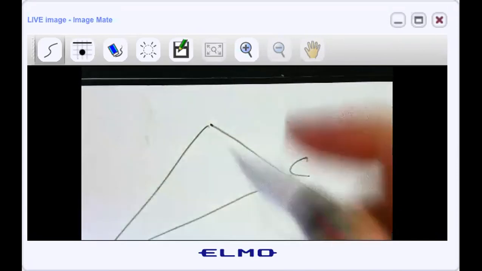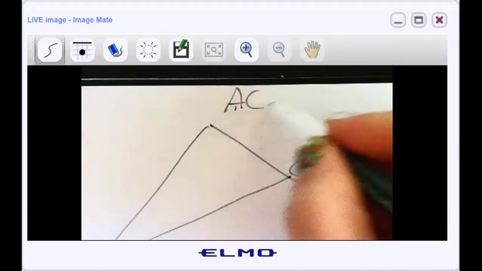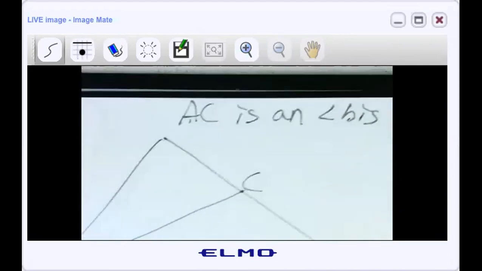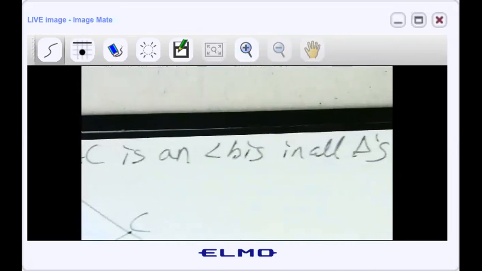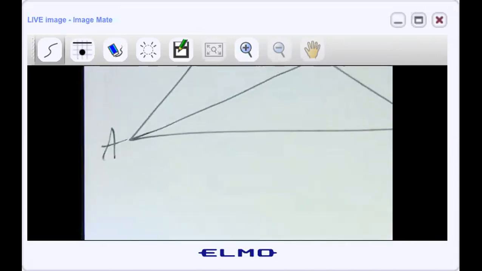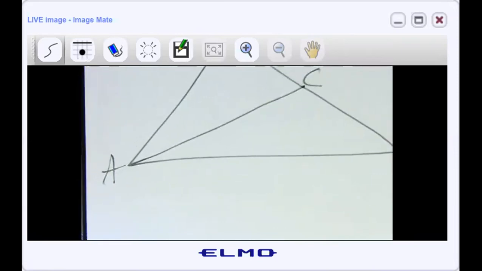So again, I'm just going to note that AC is an angle bisector in all triangles. I'm saying it in words up here: AC is an angle bisector in all triangles. So every time we see line segment AC, we know it is in fact an angle bisector.